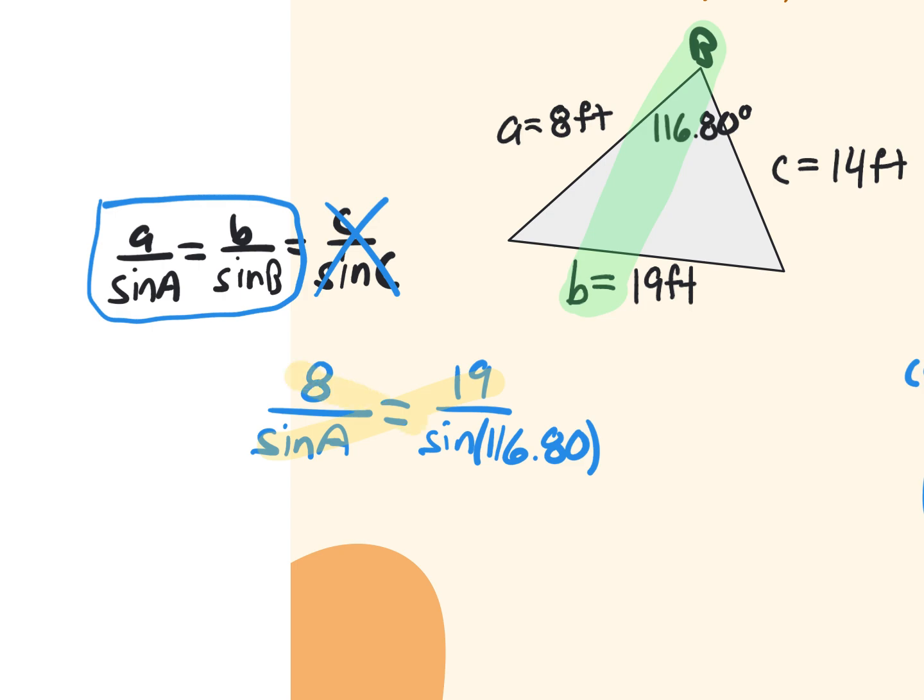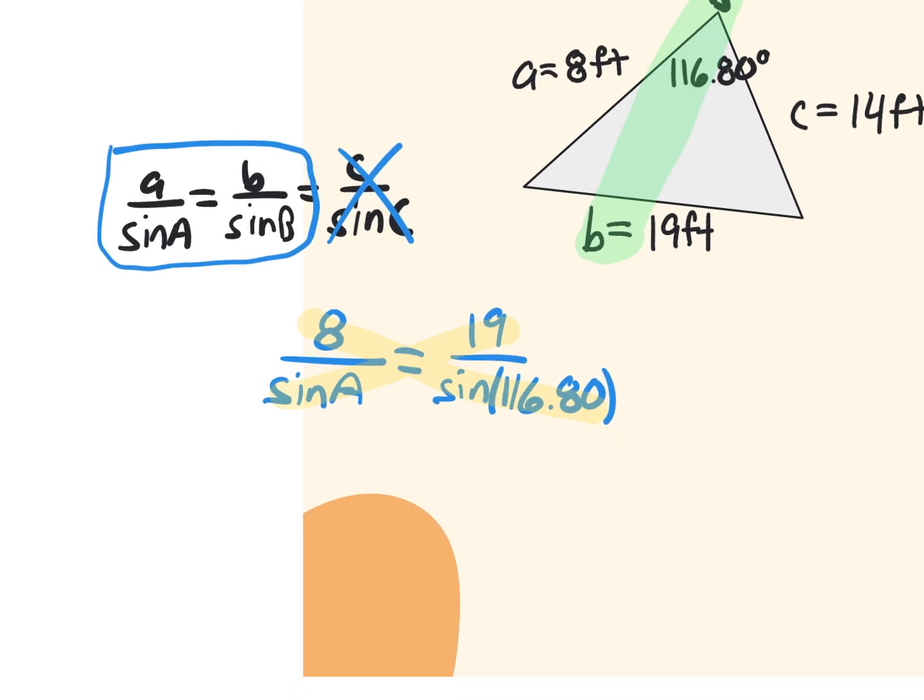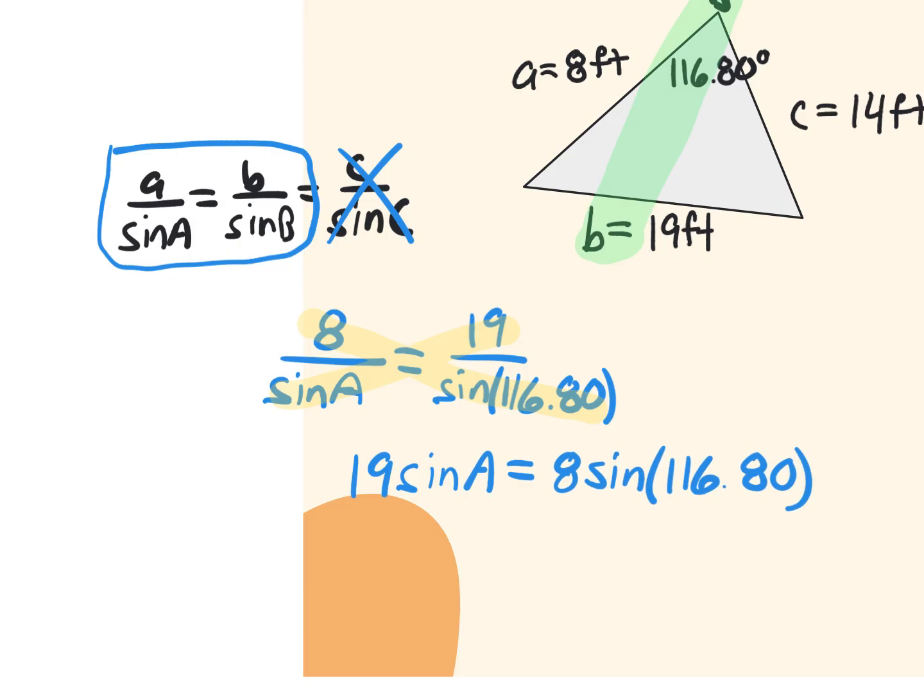Cross multiply, right? If whatever you're looking for is on the bottom, then you can cross multiply. So then what does that leave us with? It leaves us with 19 times sine of A equals 8 times sine of 116.80.